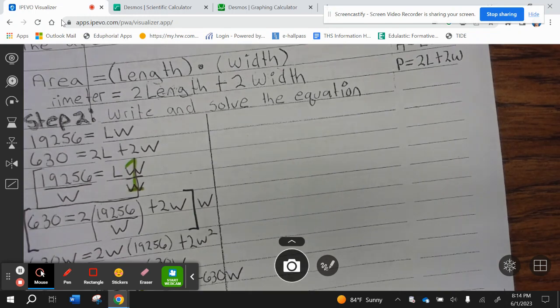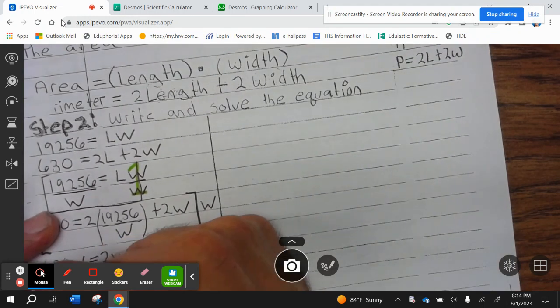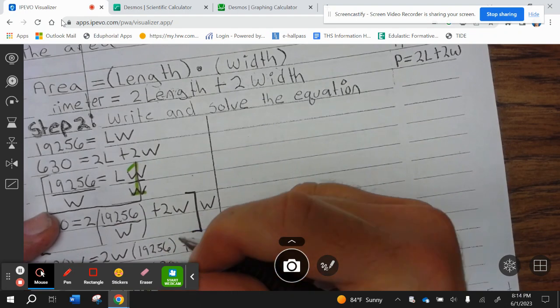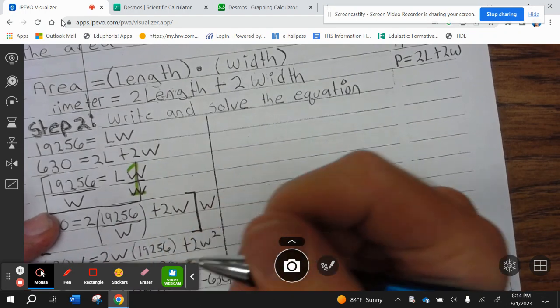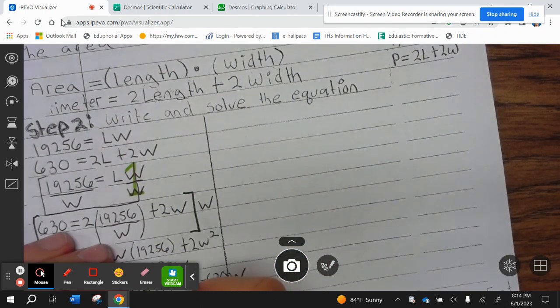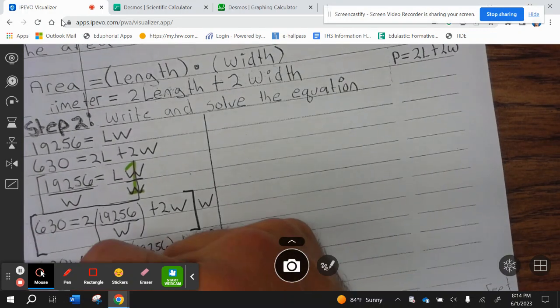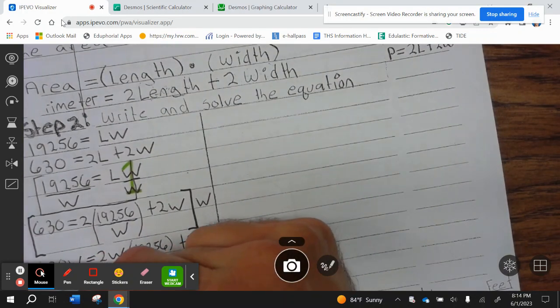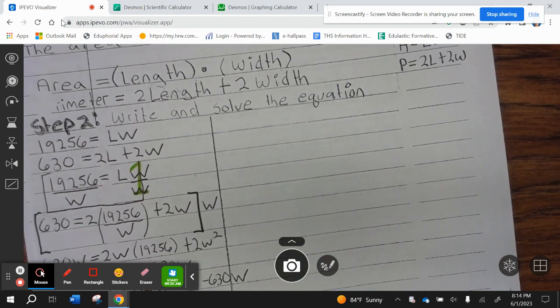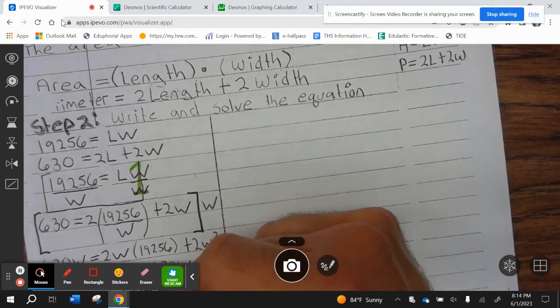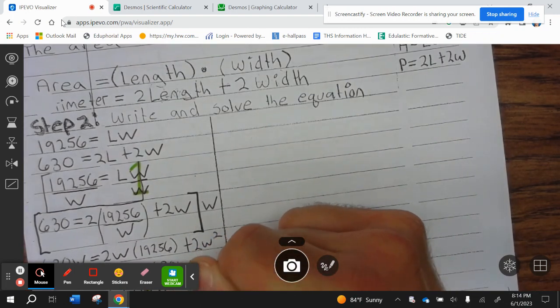So now we have 0 equals 2w squared, plus, and actually we want to put the minus 630w first. You want to go w squared, w, and then plus 2 times 19,256.